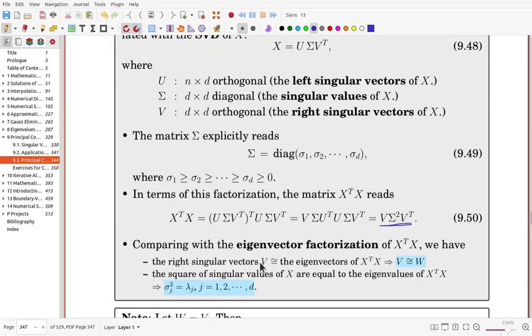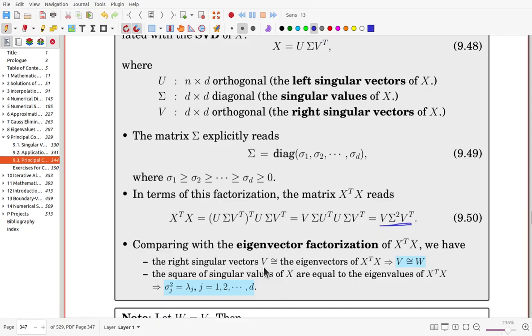So the right singular vectors V in the singular value decomposition are the eigenvectors of X transpose X. That means V is almost the same as W. In fact, essentially, they are the same.